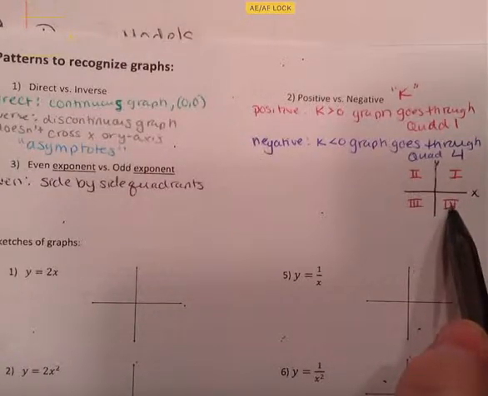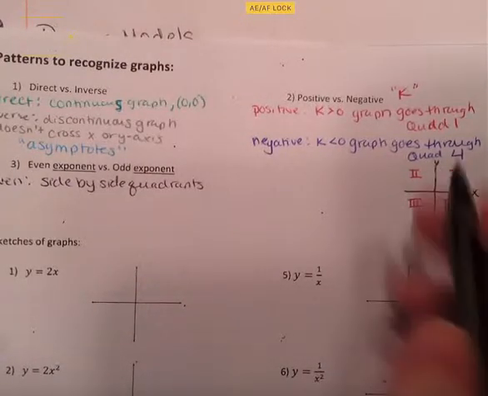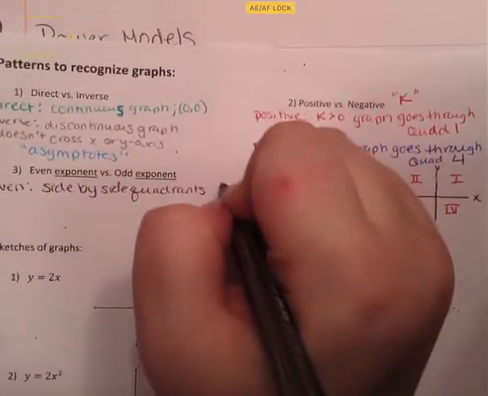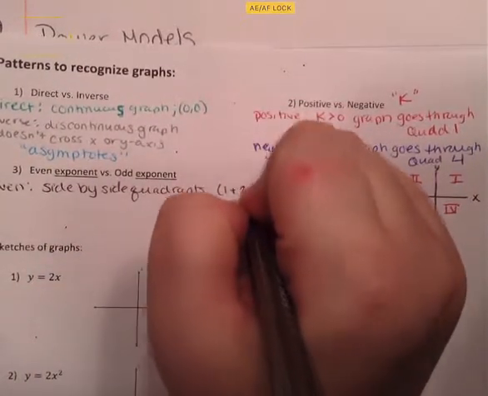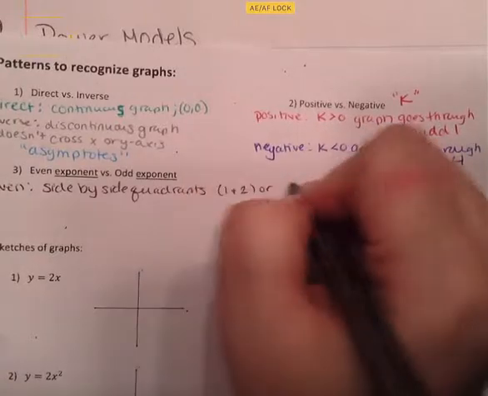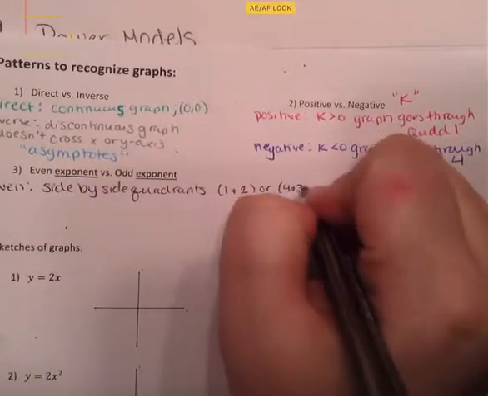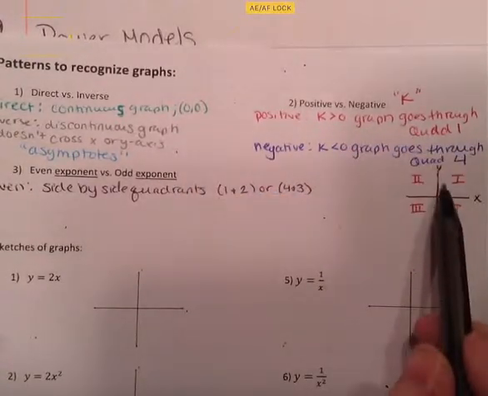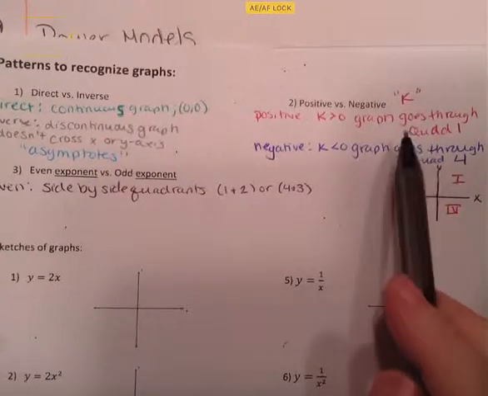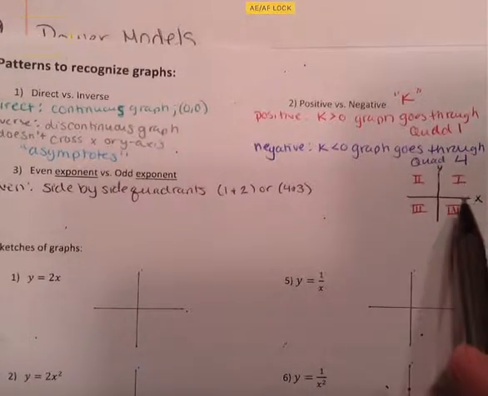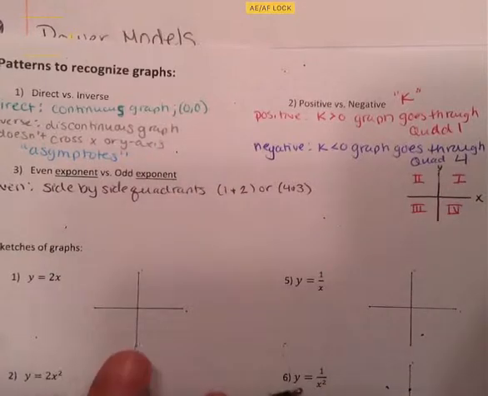But if it went through 4, it would also have to go through quadrant 3. So side-by-side quadrants are 1 and 2, or 4 and 3. The 1 or 4 depends on whether it was positive or negative, and the other quadrant depends on whether it was an even or an odd exponent.